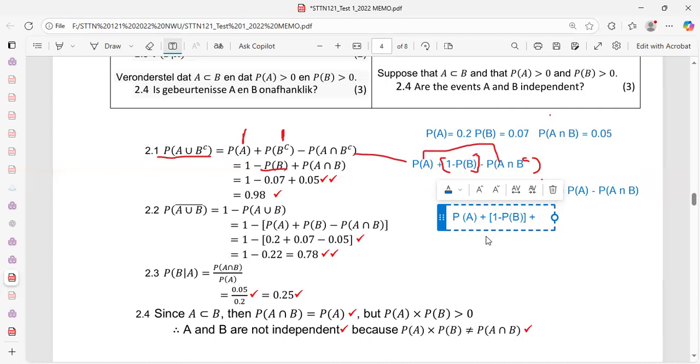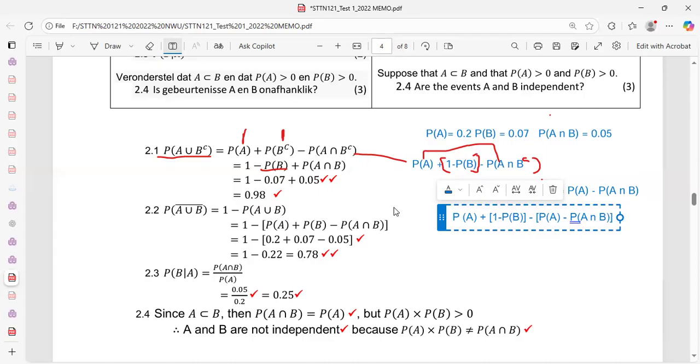Okay, it's minus the probability of A, and then minus, because according to the formula, probability of A and B, close bracket, the curly bracket.